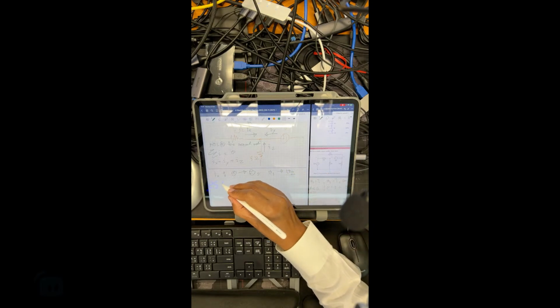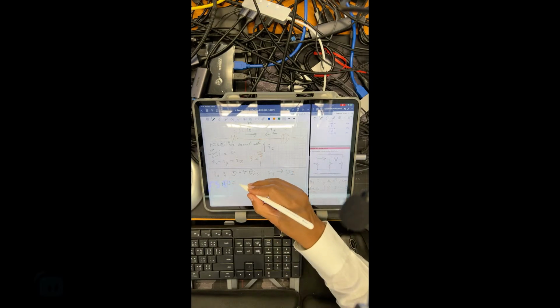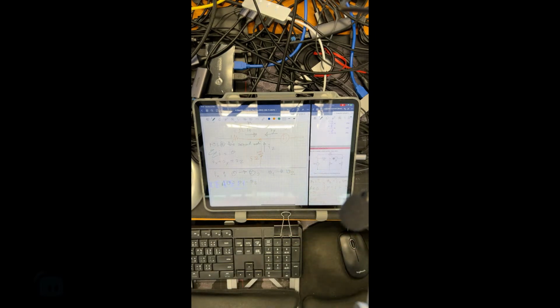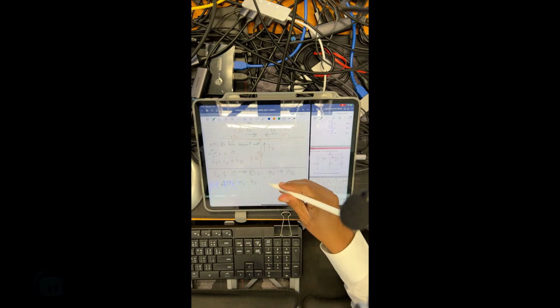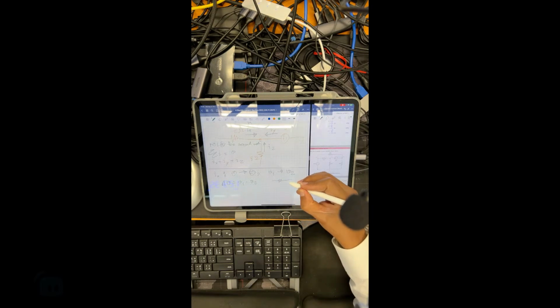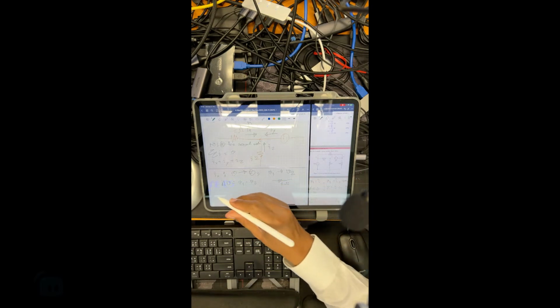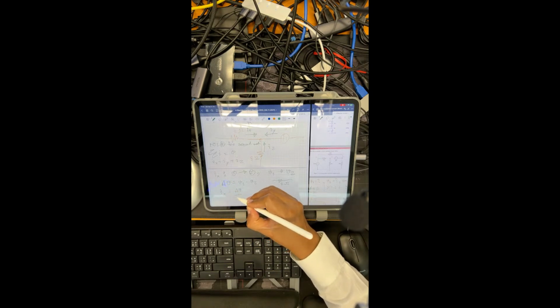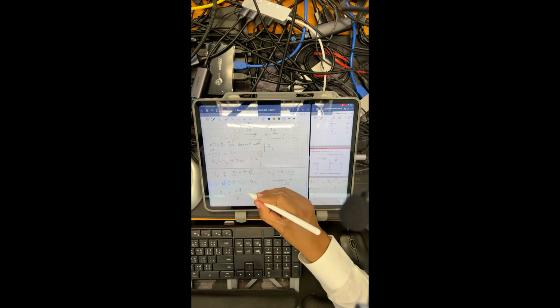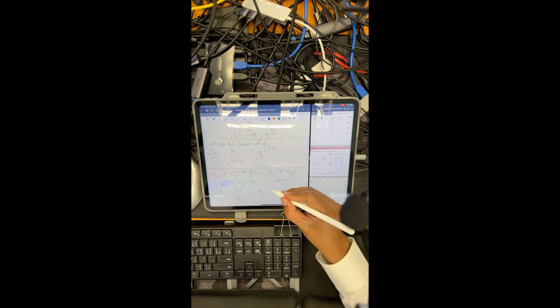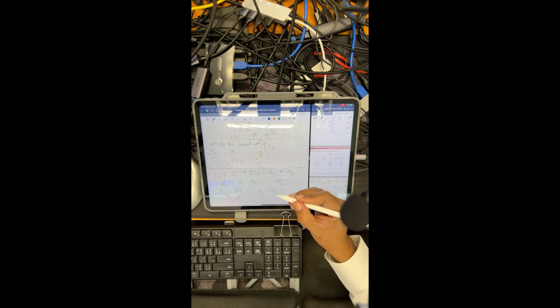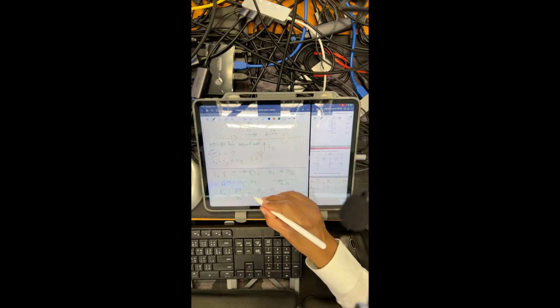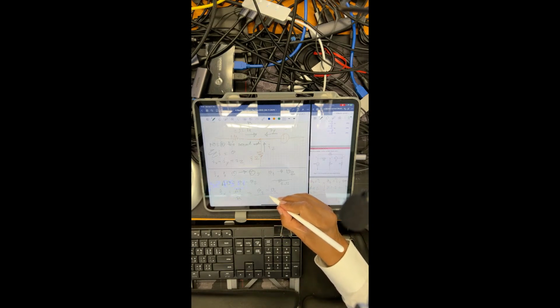Delta V will be V1 minus V2, and it passes this 2 ohm resistor, so Ix is delta V over R, which is V1 minus V2 divided by 2.